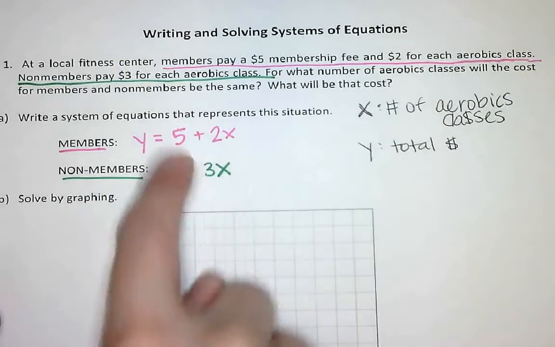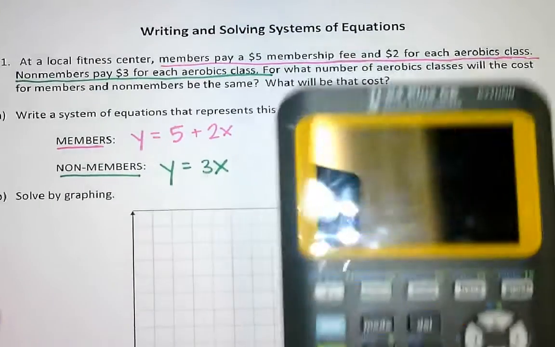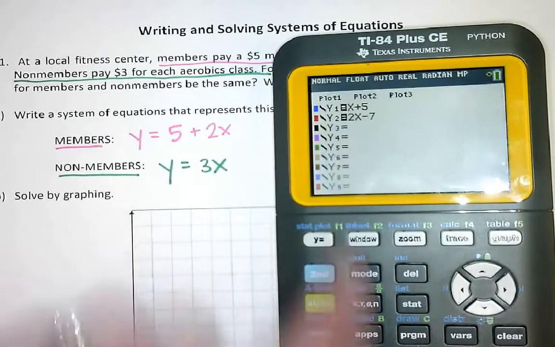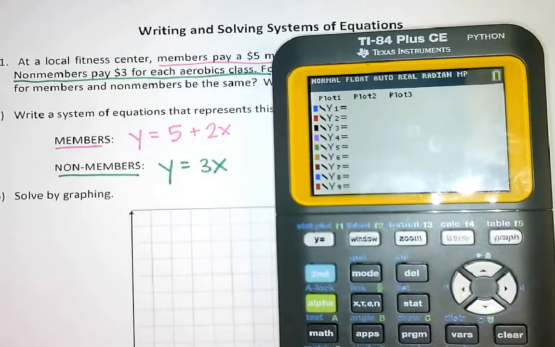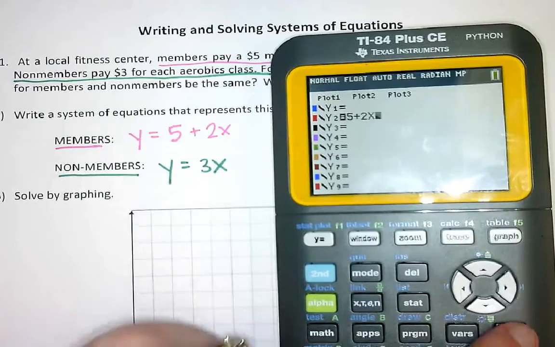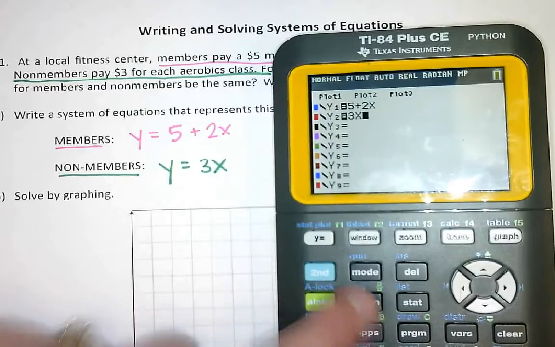Let's do it. All right, can you guys graph those two on your calculator, please? Graph those lovely two equations. We have 5 plus 2x. That's our member. And then we have also y equals 3x. Okay?